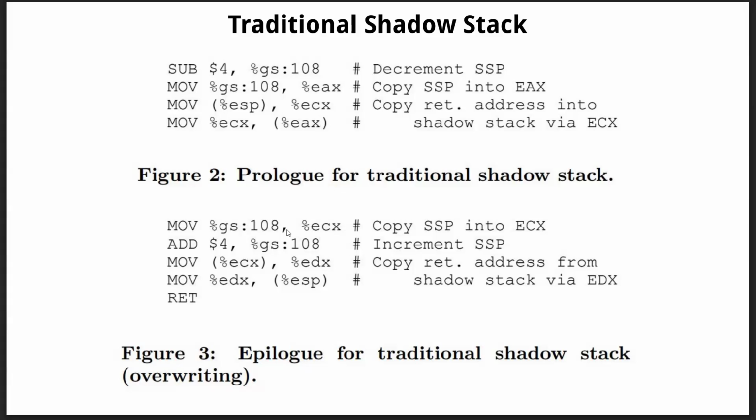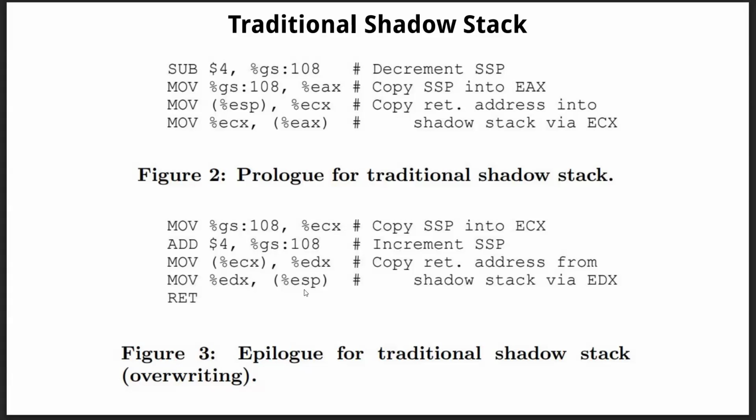At the end of the function, at the epilogue, we need to check whether they are the same, or we trust the shadow stack data more and just directly use the shadow stack data. Let's see what we do. We move this pointer to ECX. We add that, which simulates a pop operation. Then we move whatever ECX points to, that's our shadow stack, to EDX. Then we move whatever EDX has to where ESP points to.